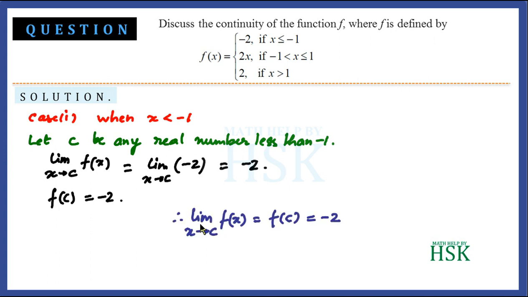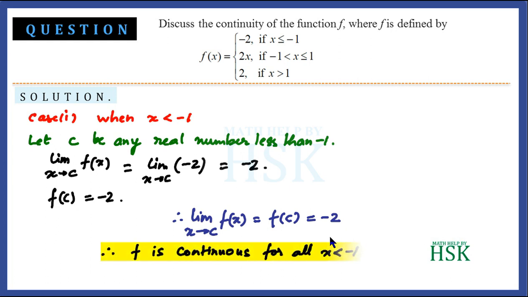So this implies that the limit as x tends to c of f(x) is equal to f(c), which is equal to -2. Therefore, f is continuous for all x less than -1.